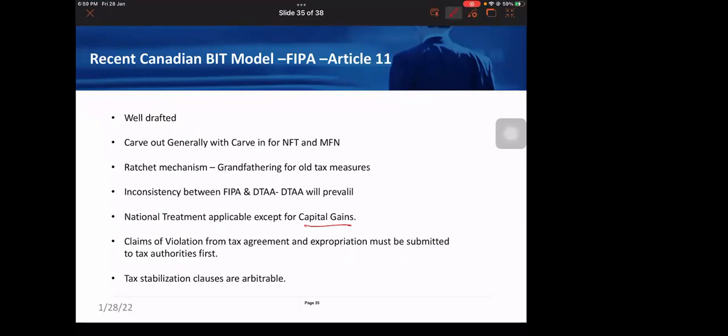And if there is an expropriation case, then the claim should first go through the tax authorities. The tax authorities will determine whether it amounts to expropriation. If so, then it can be allowed as an investment arbitral claim. So a lot of detailing has been done. A very, very good model to emulate.